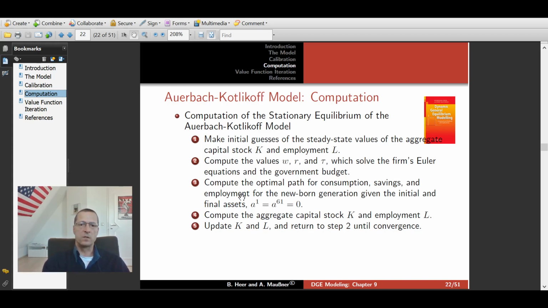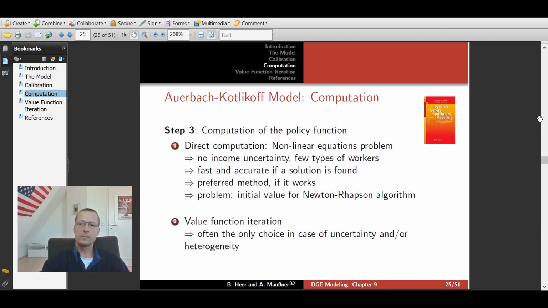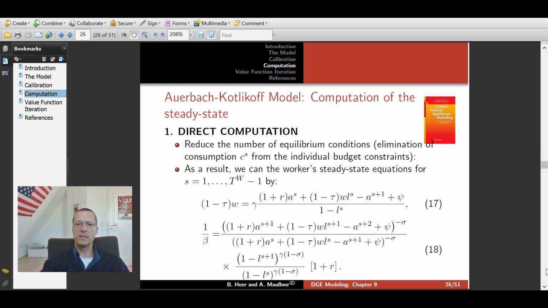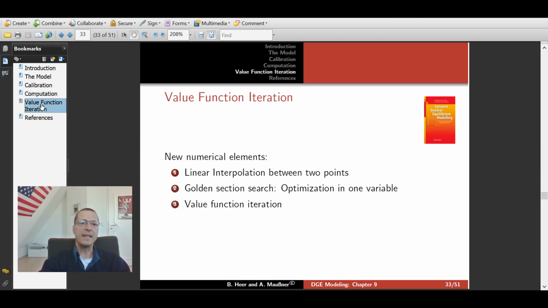That's the step that we describe now, the value function iteration step. Previously, we used the nonlinear equations with direct computation and the Newton-Raphson algorithm. Now we use value function iteration. So in step 1, we computed K and L initial guesses, and these initial guesses amounted to 0.2 for labor, and the capital stock, with the help of the first order condition and an interest rate of 4.5%, was approximately equal to 0.8.